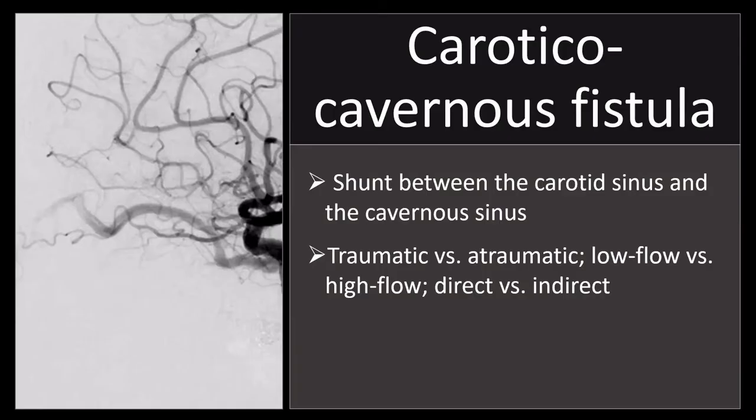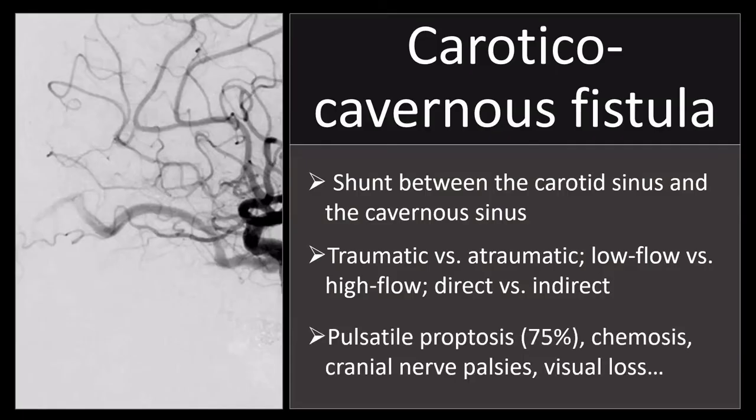You have various subtypes. They can be traumatic, but also atraumatic. They can be low flow, they can be high flow, and you can have direct shunts and indirect shunts, but that is something that's more of importance for an interventional radiologist. And when it comes to the clinical symptoms, the majority present with a pulsatile proptosis.